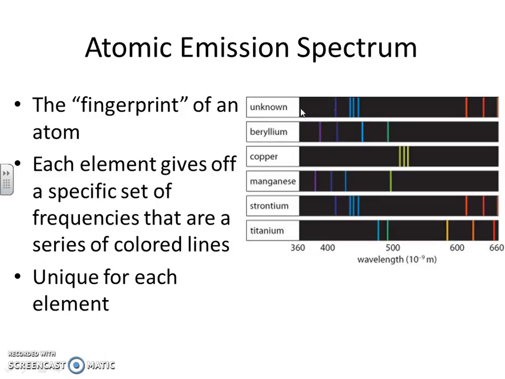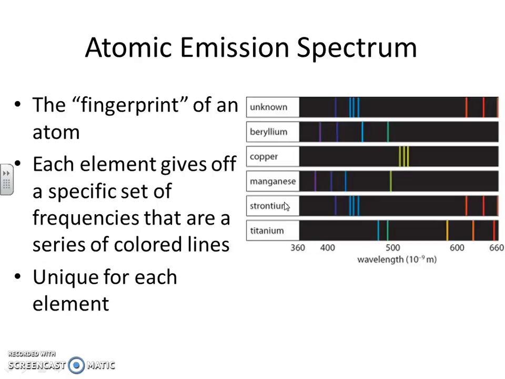If we look at this picture over here, we see that we have kind of an indigo line, 3 blue lines, and 2 red lines. Which element, beryllium, copper, manganese, strontium, or titanium, does that resemble? Yeah, that's right. It looks like strontium. We can see that these lines match up perfectly, so it allows me to determine which one.